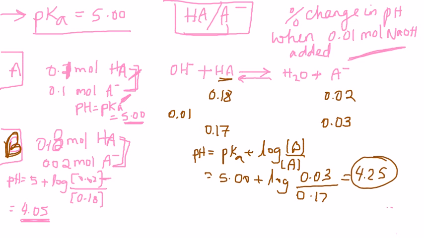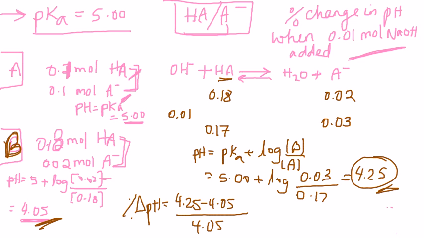And so we started with 4.05, we are at 4.25, so the percentage change in the pH is going to be 4.25 minus 4.05 divided by 4.05 times 100, and that comes out to be 5%.